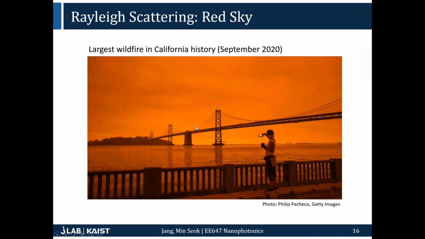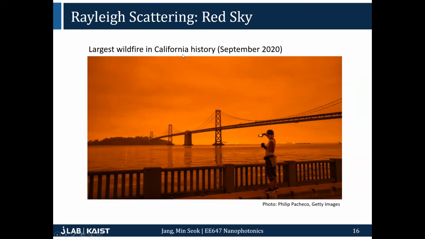And then in the extreme limit, you can see this example of September 2020. This is a real photo in the daytime. In September 2020, there was the largest wildfire in California history. This is a photo of the Golden Gate Bridge, San Francisco, in daytime.